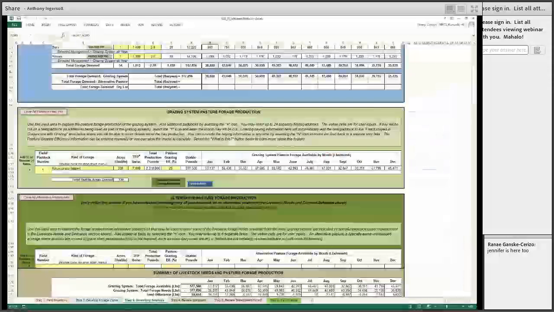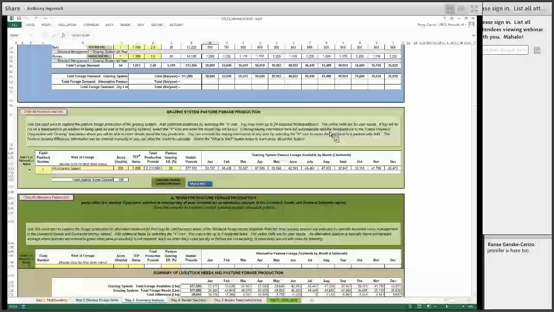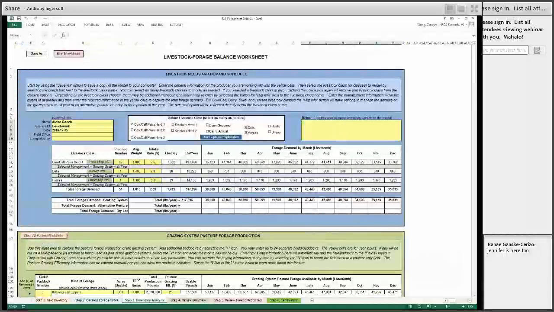Let's just go back real quick to this, and you see this field up here for notes. I like to put information in here about what I used. I might say that the clipping data ranged from 200 to 4,000 pounds per acre, assumed 7,000 pounds per acre from the Grazing Land Stewardship Manual.